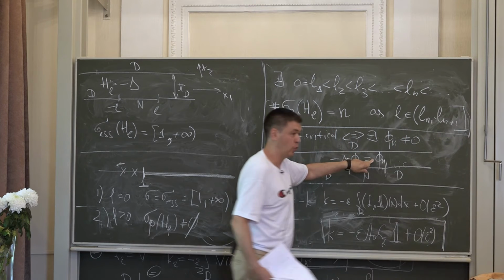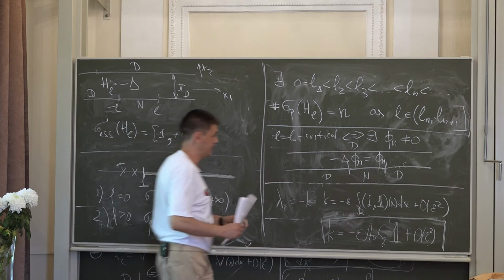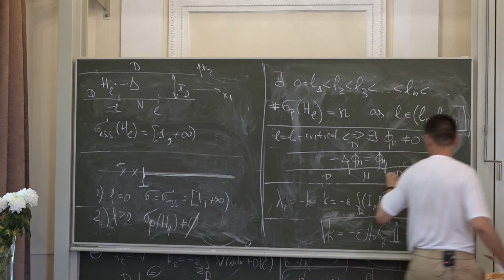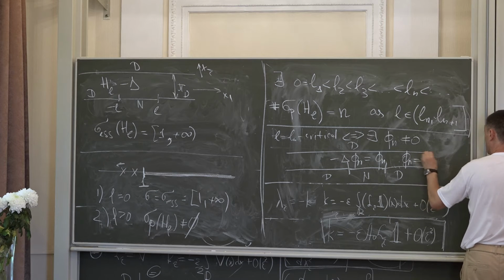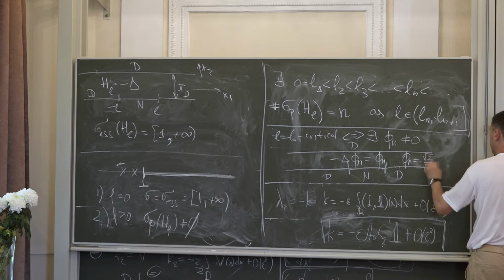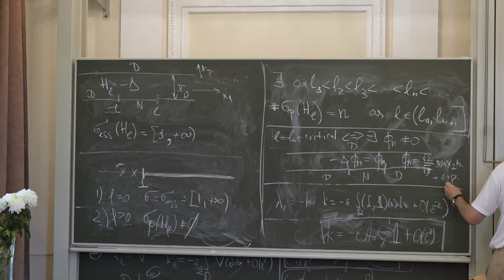Here I have exactly 1 as a spectral parameter, and this is the bottom of the essential spectrum. And this function phi of n should behave at infinity as follows: square root of 2, square root of pi, sine x2, plus some exponentially small term.